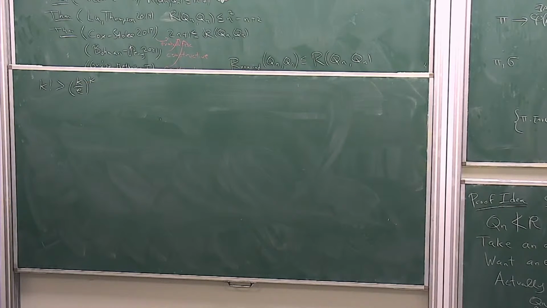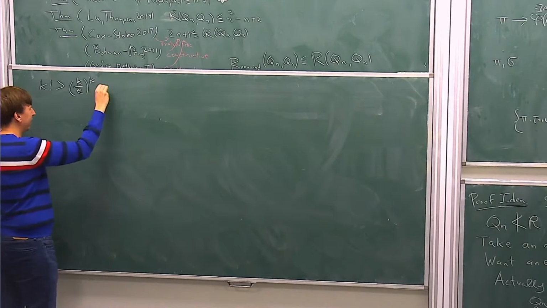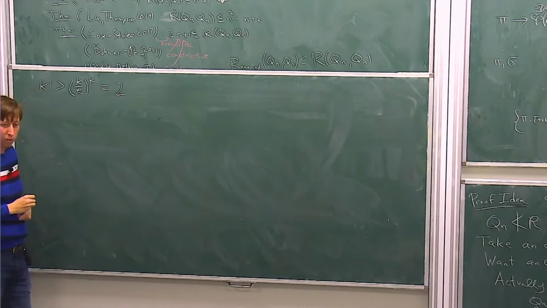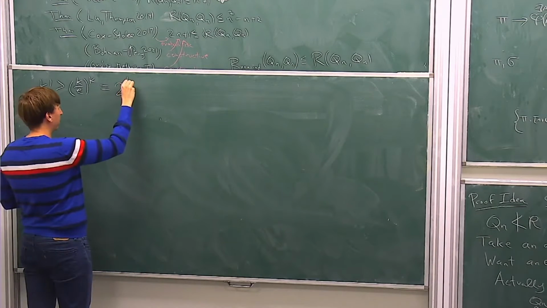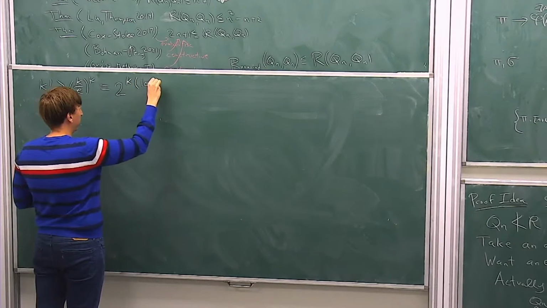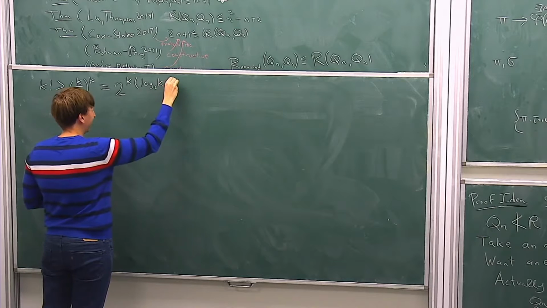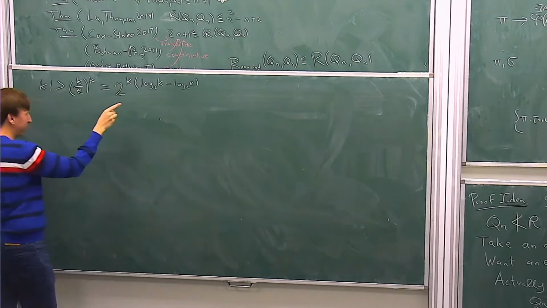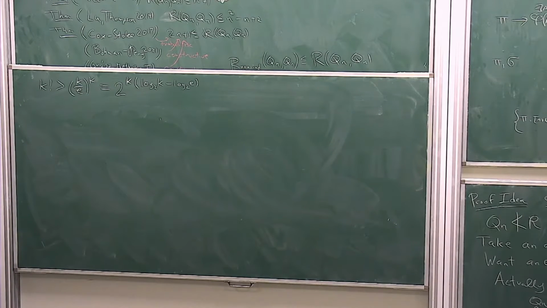Now let's write this as a power of 2: 2 to the power of k times log base 2 of k minus log base 2 of e. So here's a way to lower bound k factorial.